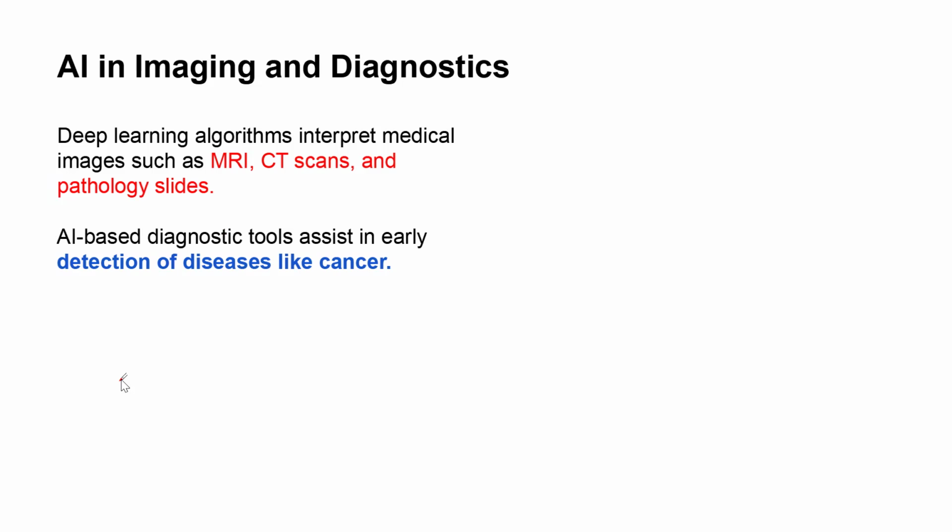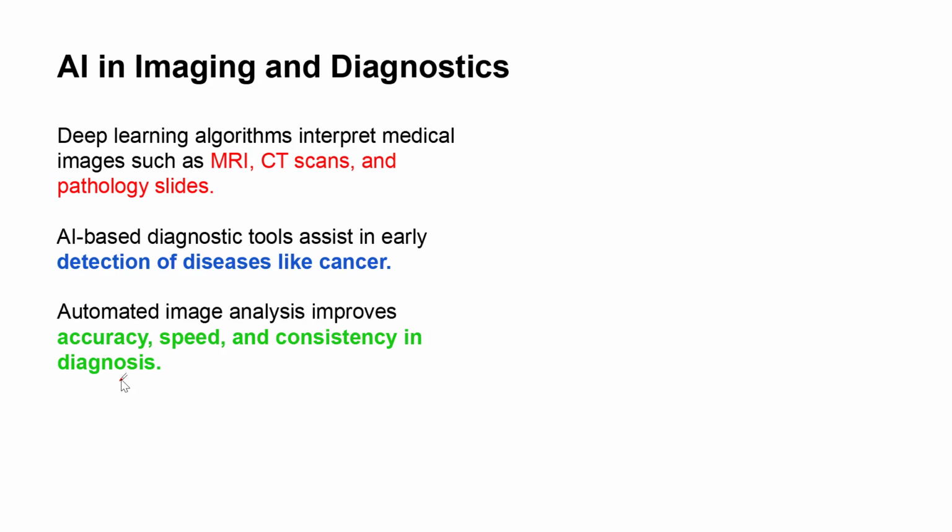There are so many AI-based diagnostic tools that have been developed, which can help in the early detection of diseases like cancer. Automated image analysis improves accuracy, speed, and consistency in diagnosis. That is why AI is very important, because you can develop an AI that automates image analysis, which can improve accuracy, speed, as well as consistency in diagnosis.